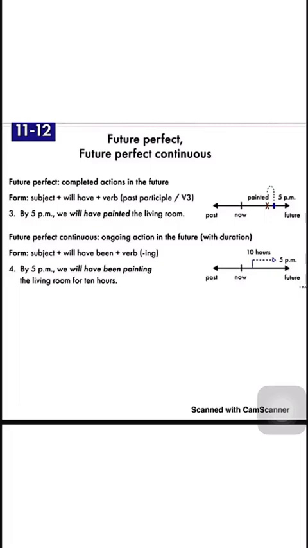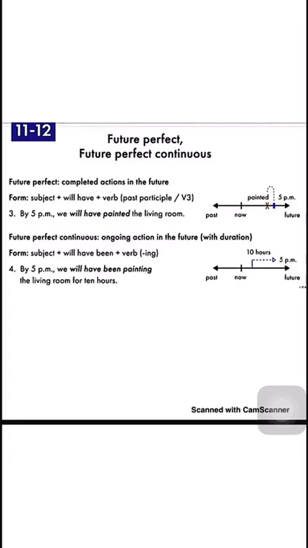Clear? So the future perfect is used for completed actions in the future, which you are sure you are going to complete by a particular time in the future. For example, by 5 p.m. we will have painted the living room. By today 5 p.m. we will have painted the living room.